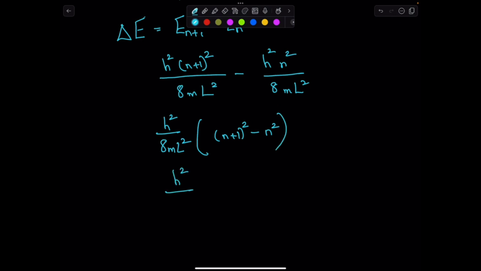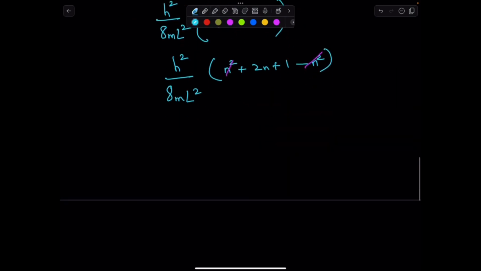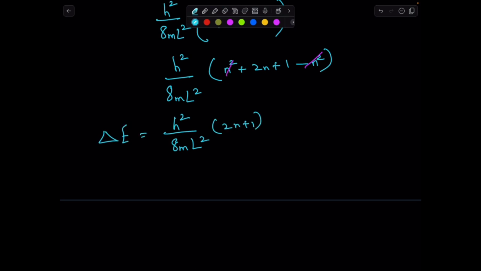This will be n squared plus 2n plus 1 minus n squared, which is h squared by 8mL squared times (2n plus 1). So this will be the delta E between E of 7 and E of 6.